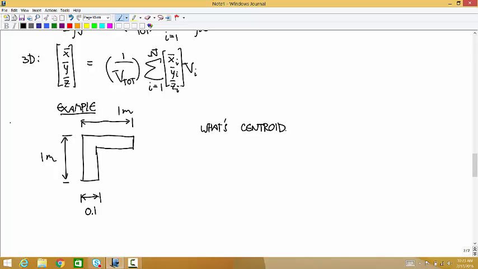What's the centroid? I'm going to break it up into this rectangle and this rectangle. We know from symmetry considerations that the centroid has to lie somewhere along that line.